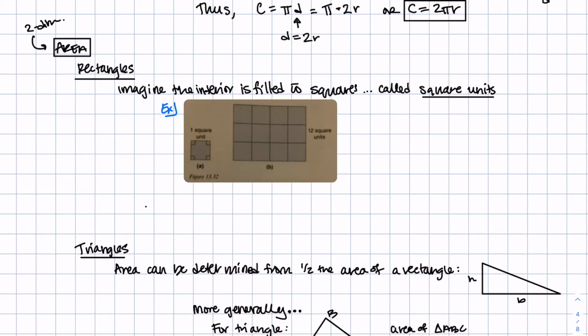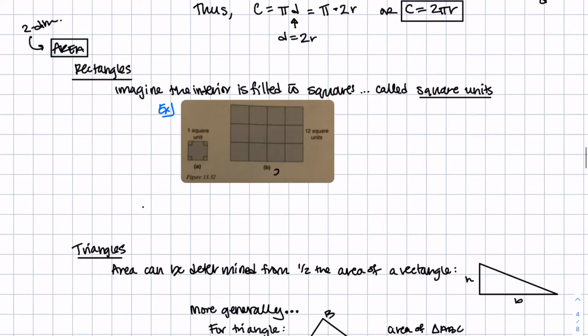And we can see that this corresponds to how we visually represented multiplication, because this side length is 4 units, and this side length is 3 units, and 3 times 4 is 12. So this is where we're getting our area for the rectangle: the length times the width.